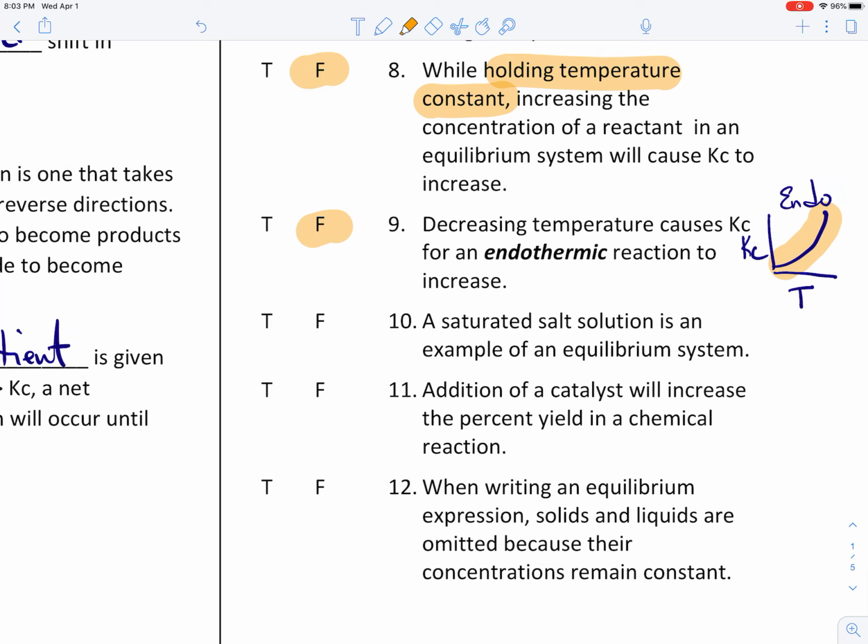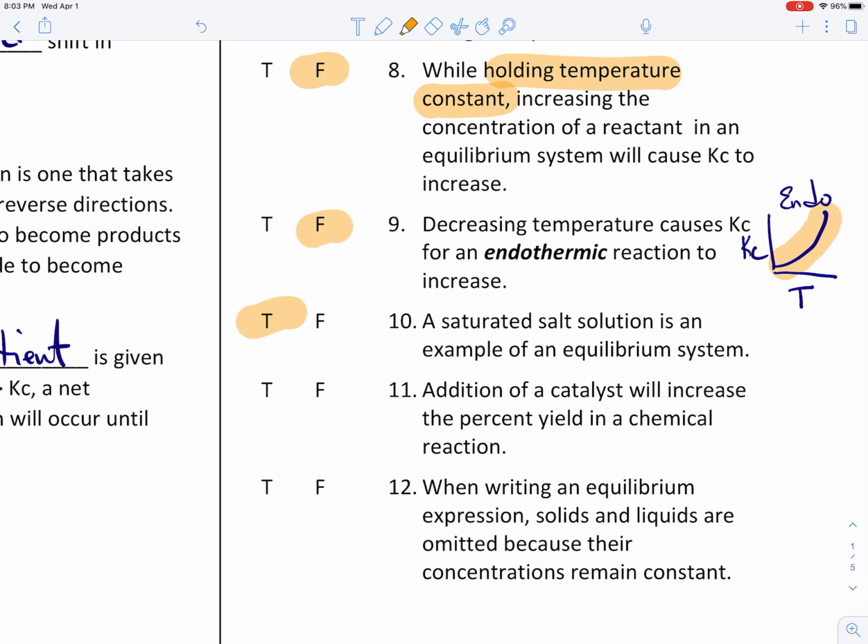So because you have those two opposite processes happening at the same rate, it looks like the salt is no longer dissolving. So yes, a saturated solution is indeed at equilibrium.